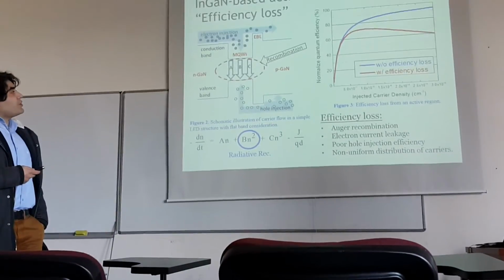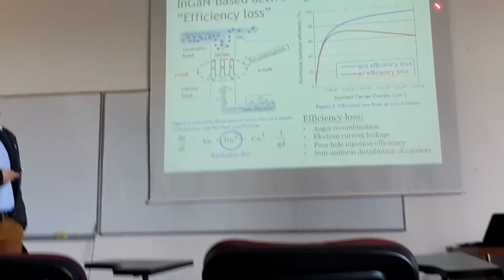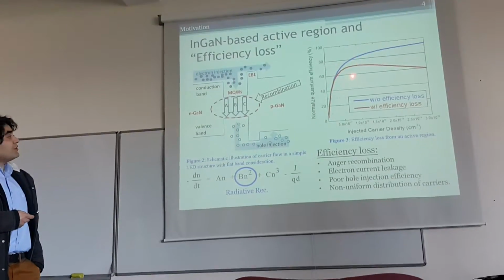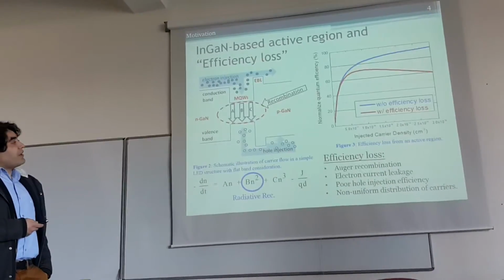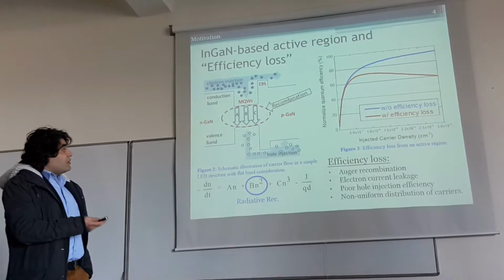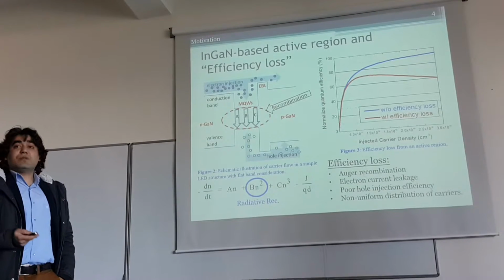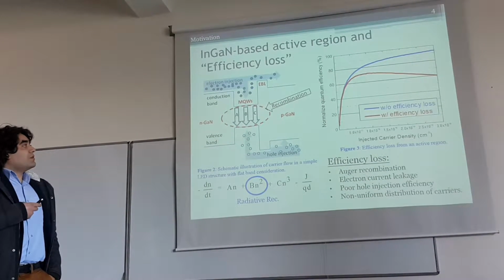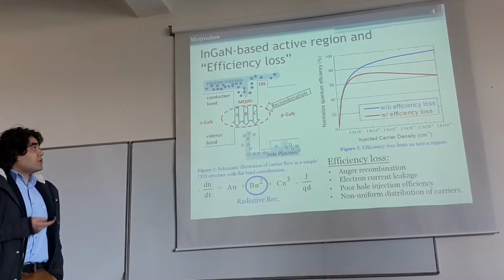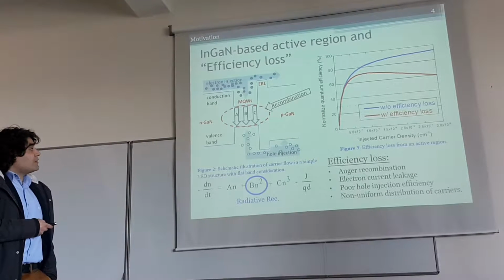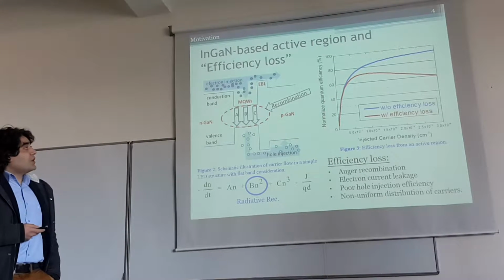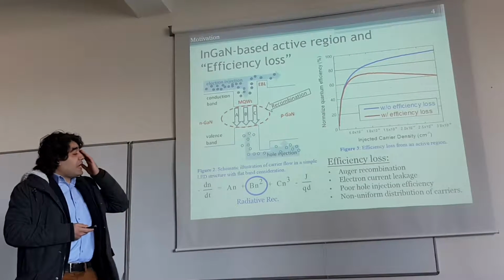The blue curve shows an LED active region without efficiency loss. The red one is with efficiency loss. Our goal was to improve or mitigate this efficiency loss problem and get very good quantum efficiency LEDs.